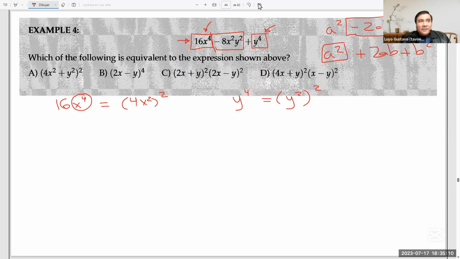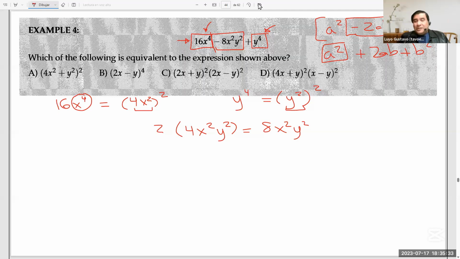Take a look. 4x squared times y squared would be 4x squared y squared. And if you multiply this by 2, then you get exactly this, with a negative sign, which means it is this pattern. With this, we have already mostly solved the question. Take a look.